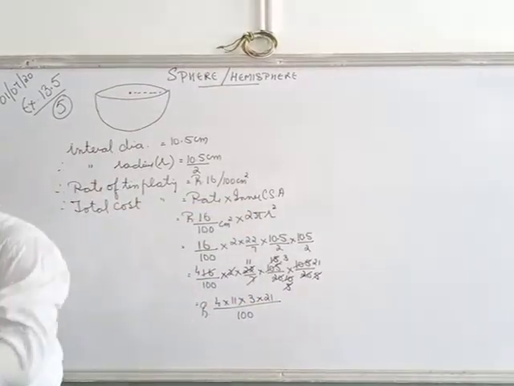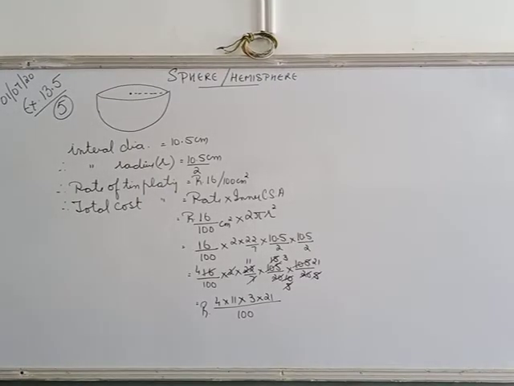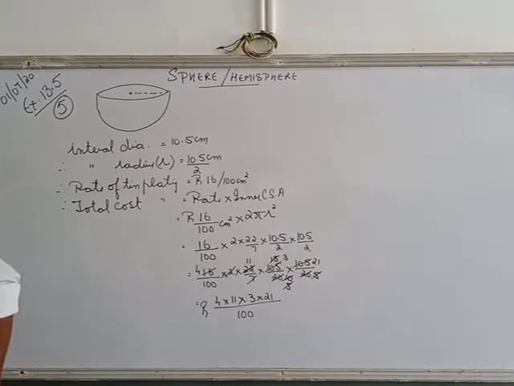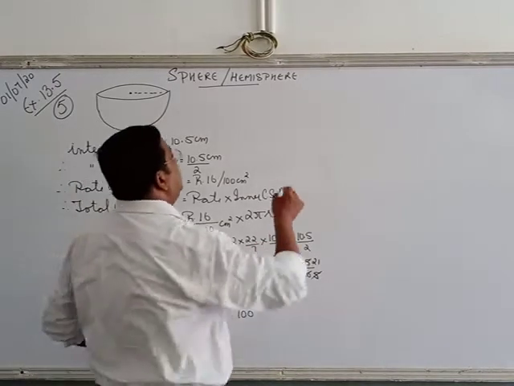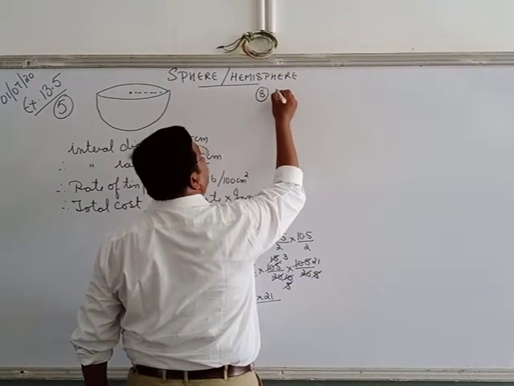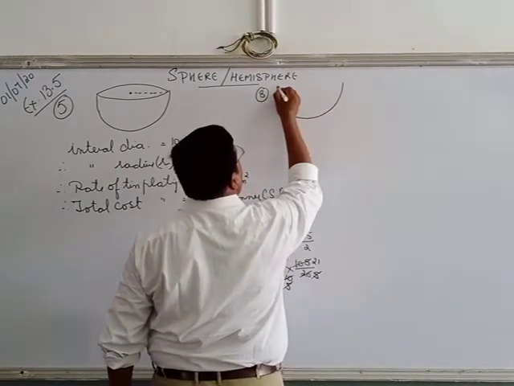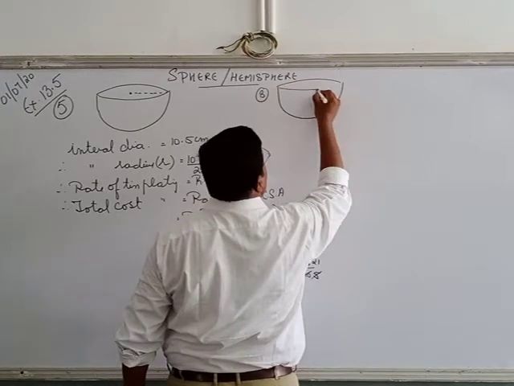Same question is there, that is question number 8. A hemispherical bowl is made of steel 0.25 centimeter thick. Now the thickness of the steel is given to us and the inner radius of the bowl is 5. Find the outer curved surface area. Now check. This is a bowl. Correct?